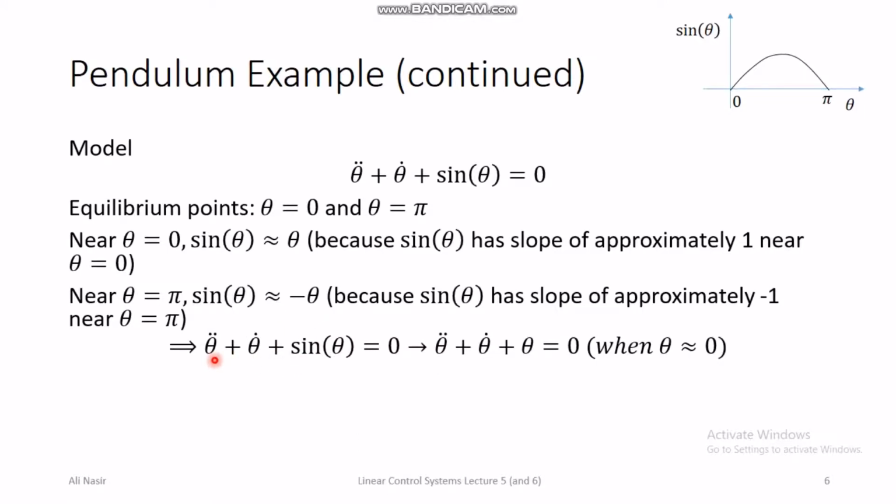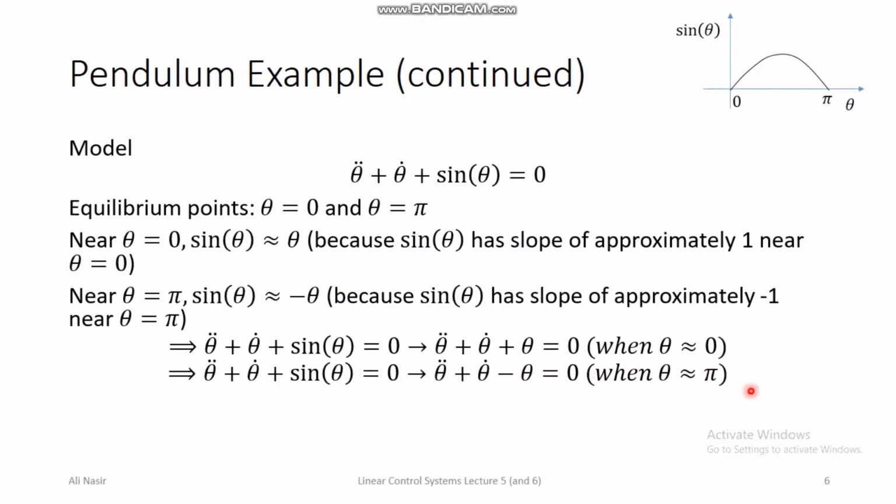Then you can basically convert theta double dot plus theta dot plus sine theta equal to 0 into a linear equation. You can replace sine theta with plus theta wherever you are close to theta equal to 0, and you can replace sine theta with minus theta whenever theta is close to pi.